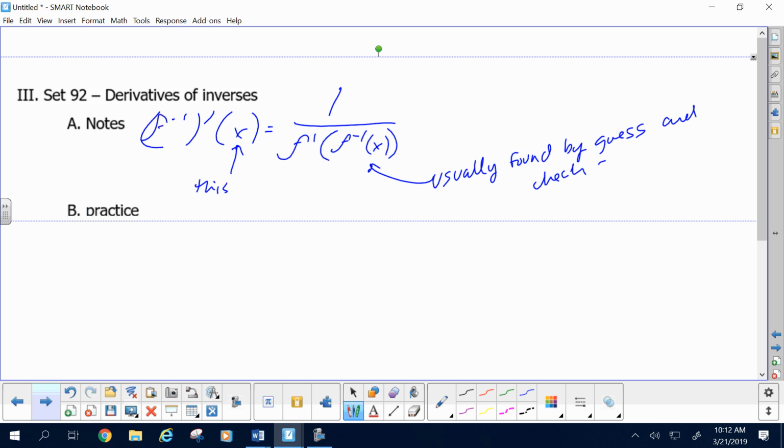This is the y of the original function. So for example, if I wanted the inverse derivative at 2, that means 2 is the y value in the original. I need to find the x before I can do anything. Okay?